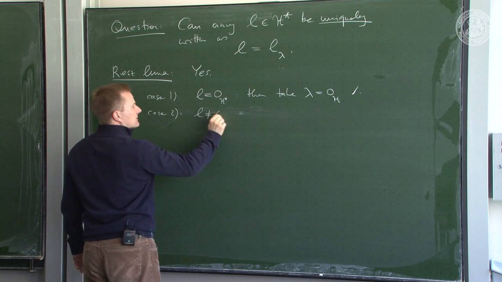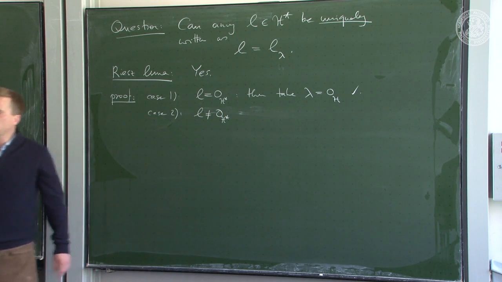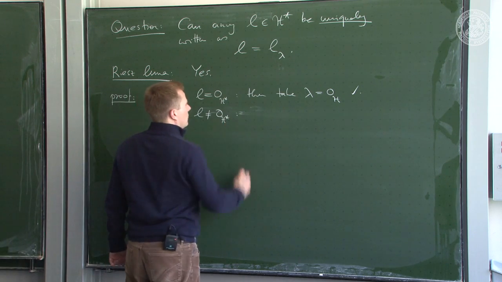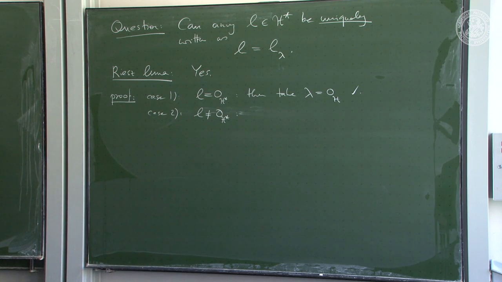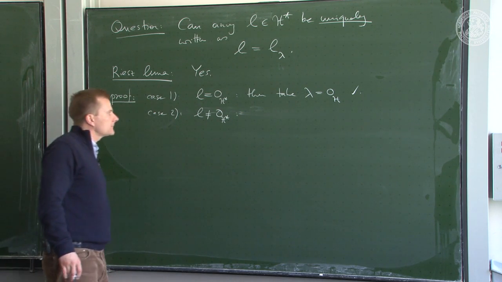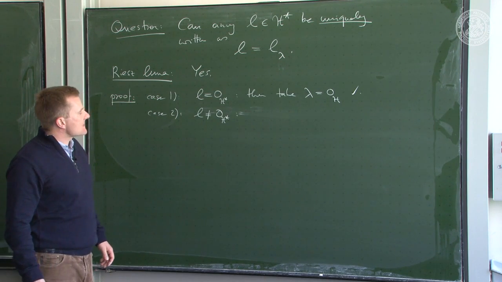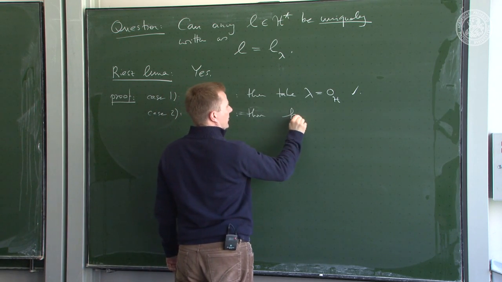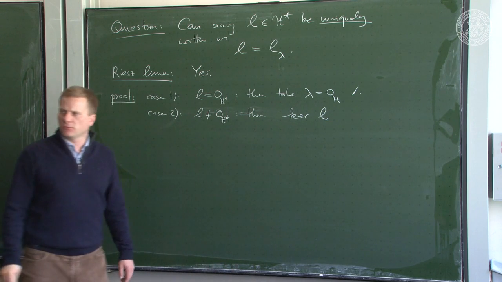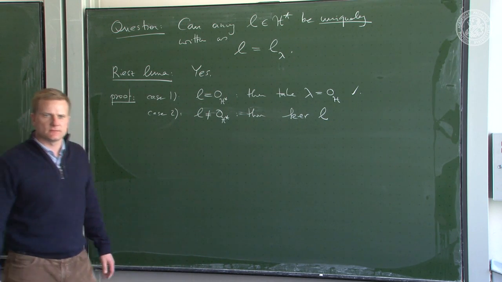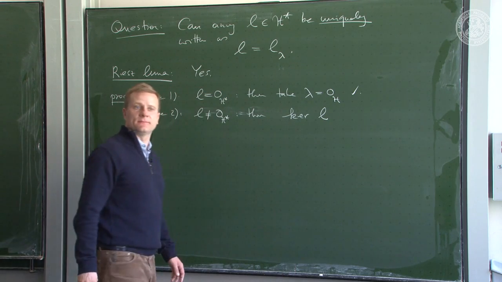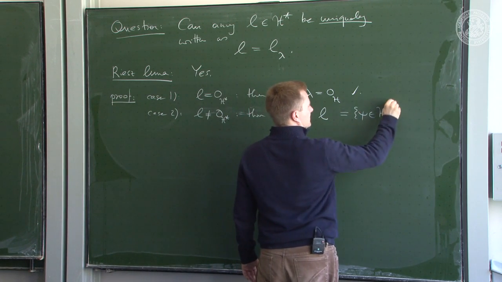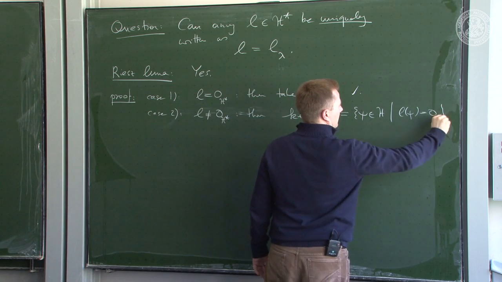However, if you have a linear bounded functional that's not the 0 functional, what can you do then? Well, then you know the kernel of this L. You know what the kernel of a linear map is? That's the set of all the h's that are sent to 0 by the map, right?